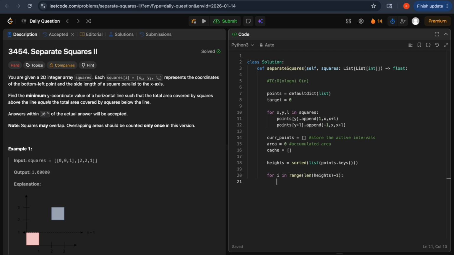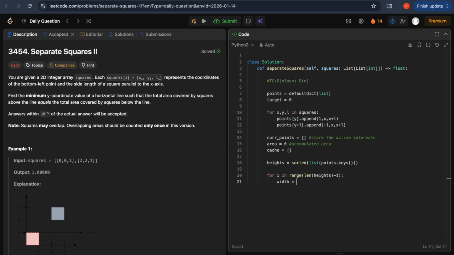And then we have to calculate width, because we are using this to find the area, the accumulated area, and update the cache, which we are doing here. So because of that we need the width, and for width we need to calculate based on the overlapping intervals.